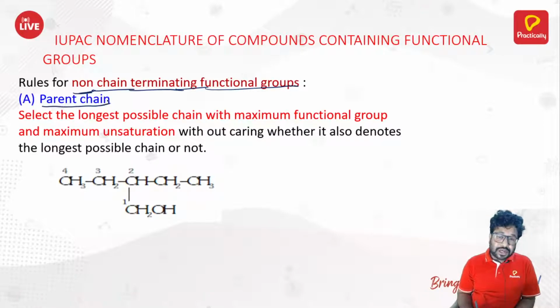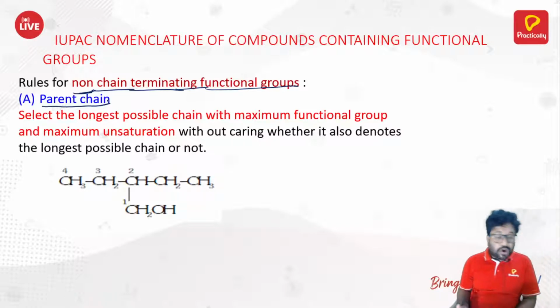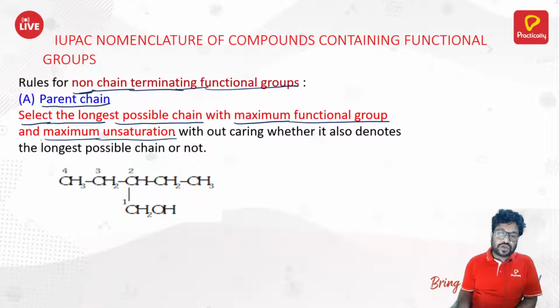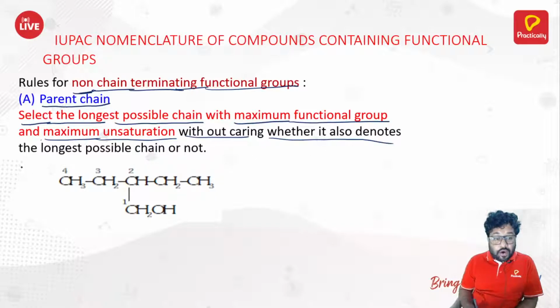Firstly, the parent chain. We already know that you always need to select the longest possible chain with maximum functional groups and maximum unsaturation, without caring whether it also gives the longest possible chain or not.